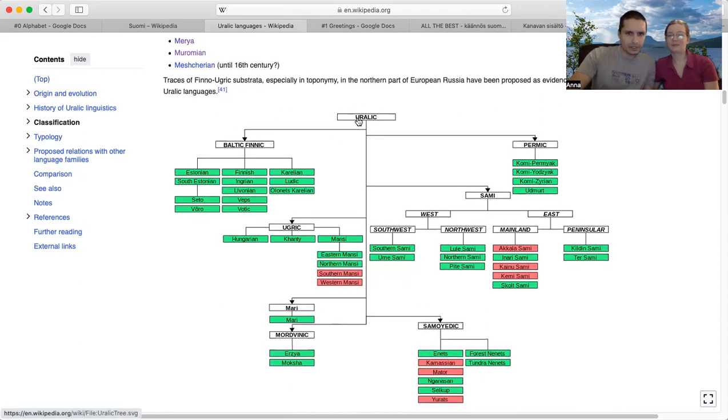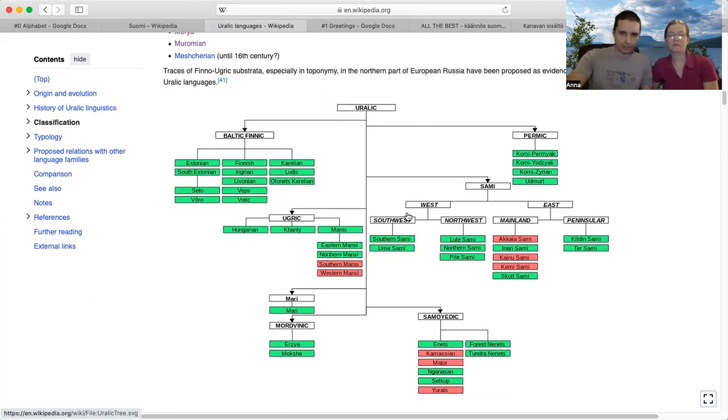Finnish is Baltic Finnic here. So Estonian is quite close, and then Hungarian is on the other side. It's Ugric. Hungarian here. So we don't understand any Hungarian.